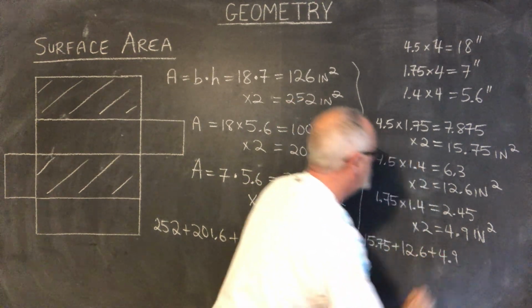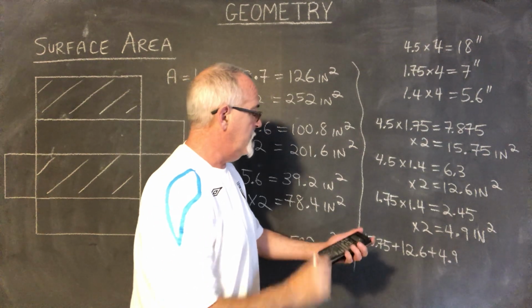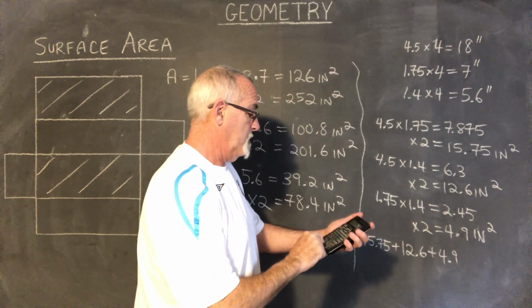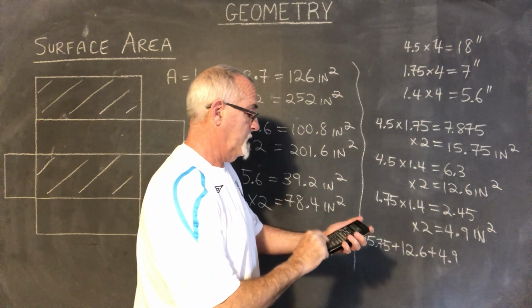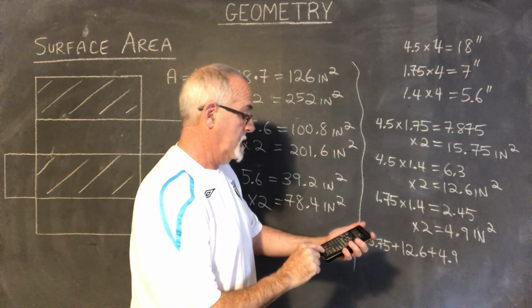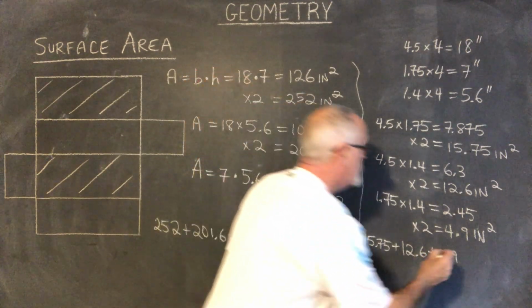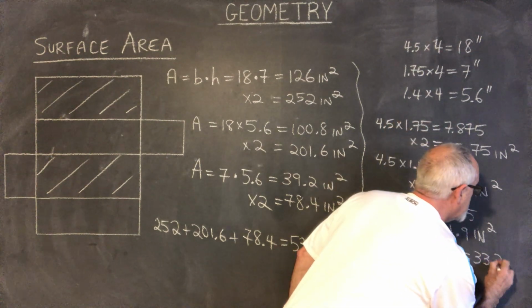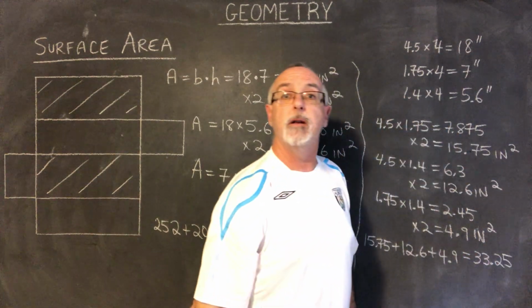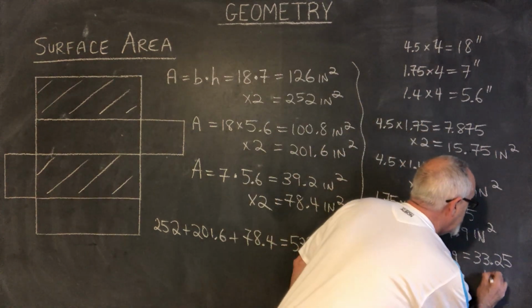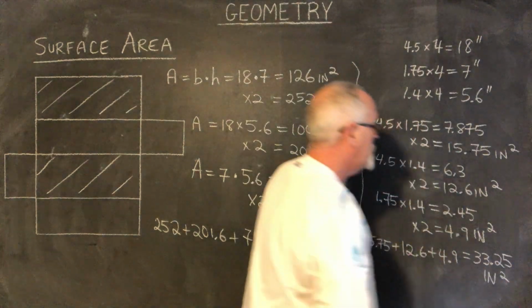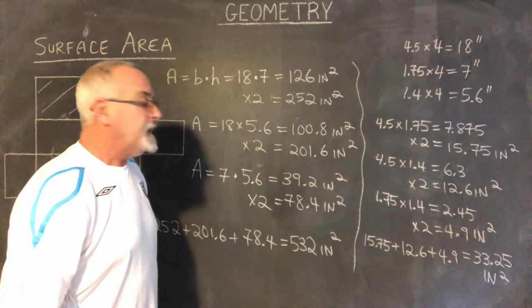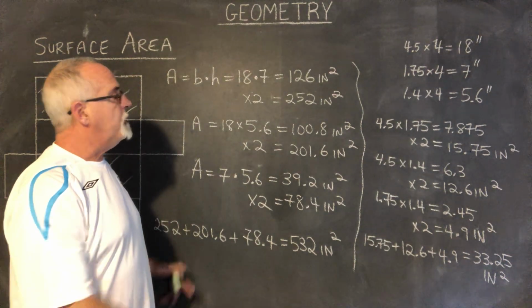And again, I'm being careful to make sure I use the correct values. 15.75 plus 12.6 plus 4.9 is 33.25. It's just going to fit. I think maybe my unit might not fit. I'll put it here. 33.25 square inches.